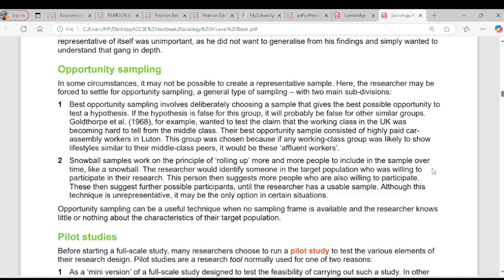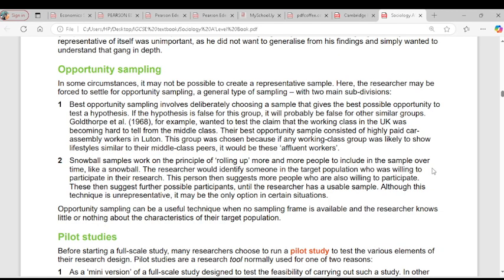Looking at the sample, you figure out that a certain group of people will be best suited for your hypothesis. You have chosen this group because they fit the hypothesis that you want to test. That is best opportunity sample.